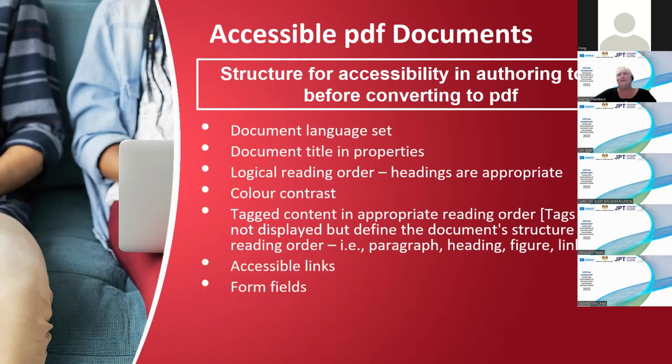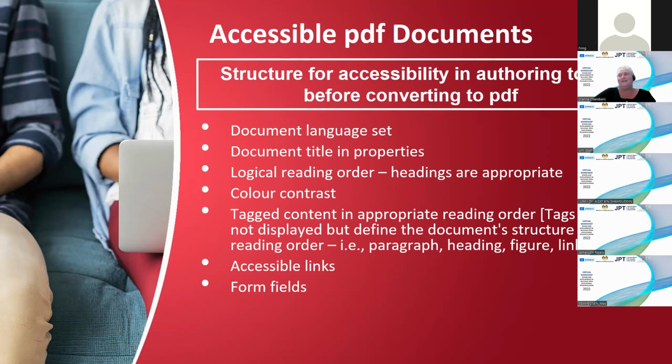Some of the things that you might look for in an accessible PDF: that it's got the document language set. Now we assume that the language it's written in is its document language, but it doesn't recognize that. So you can actually go in and set the document language. That the title is in properties, that there's a logical reading order, the headings are appropriate, good color contrast, obviously.